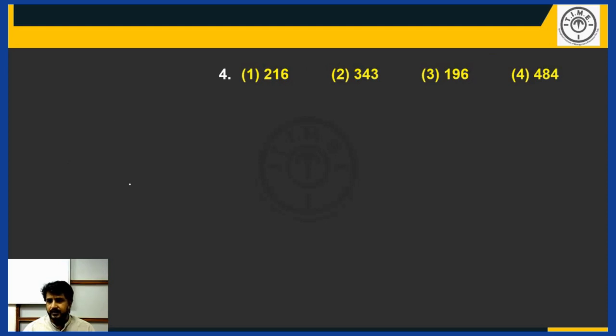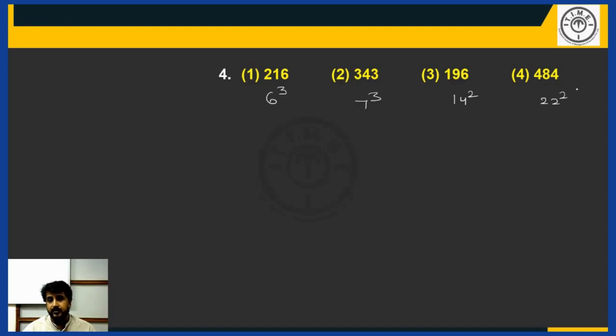Next. 216, 343, 196, 484. What are these numbers? 216 is a perfect cube, 6 cube. 343 is 7 cube. 196 is 14 square. 484 is 22 square. There are 2 perfect cubes and 2 perfect squares.